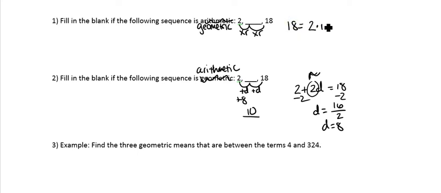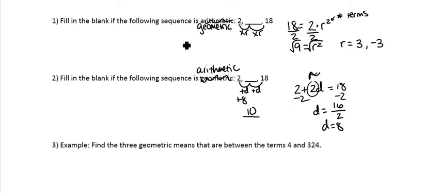And then you have your ratio, but it's to the power of 2, because that's the number of terms you've had to multiply by, right? So 1, 2, so that would be r squared. So you divide by 2, you get 9 equals r squared, and you take the square root. So then r would be 3, but it could also be -3.